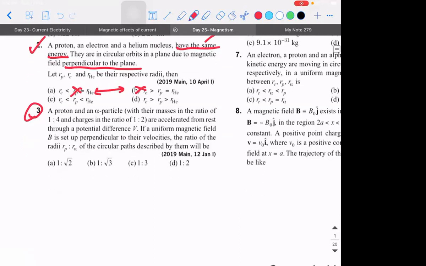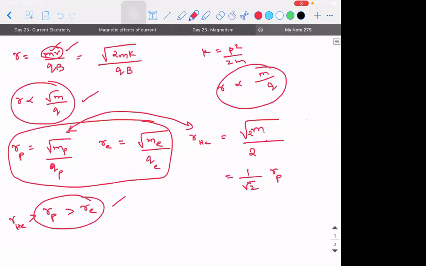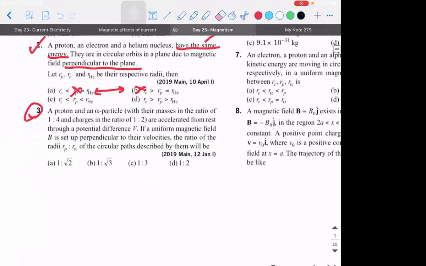Sir, actually I have a doubt. On the previous question, why should the first option not come? Is there a chance of the first option coming? Are we getting it using this formula? No sir, because the charge will be twice of what is there in the proton and mass will be 4 times of whatever is there in the proton. Oh, Amal, okay, that's right. Mass is, then it should be option A. What you told is right.